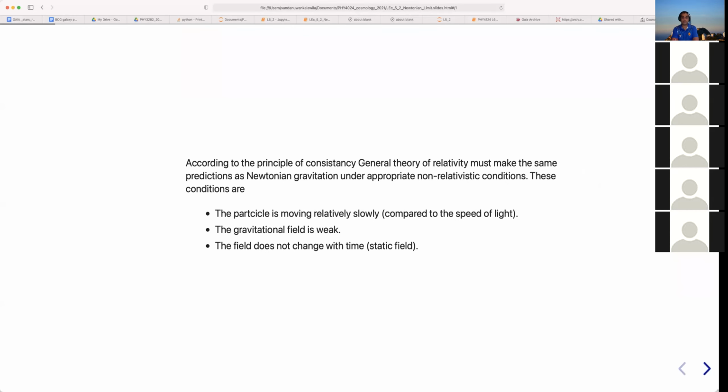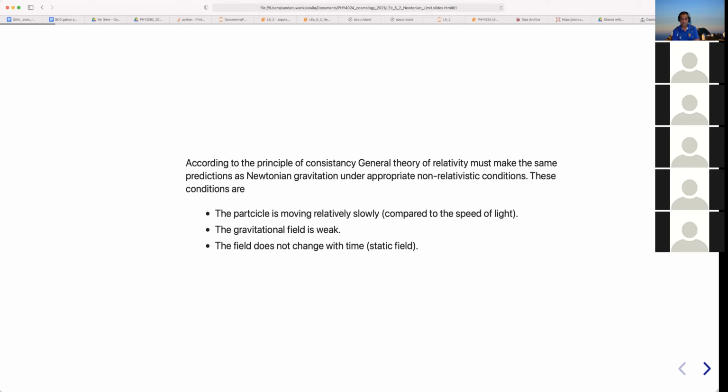Now, when we think about the principle of consistency in general theory of relativity, right? Remember that we talked about the principle of consistency.